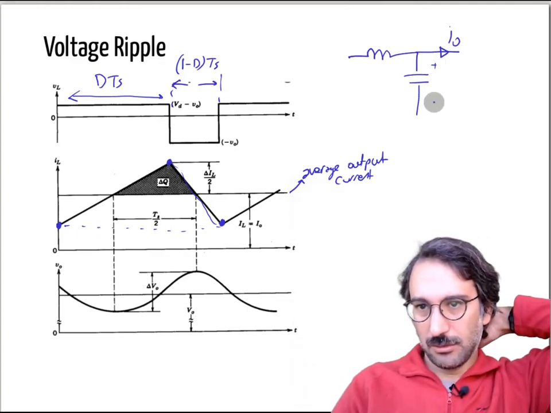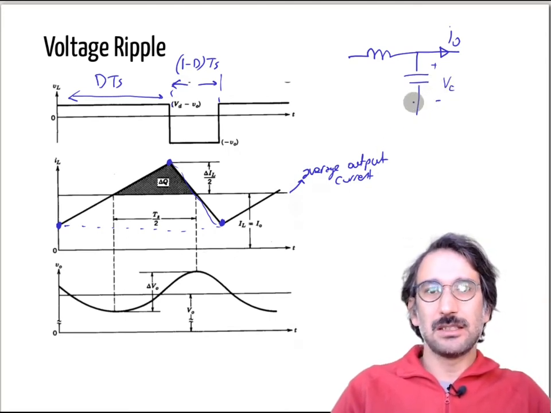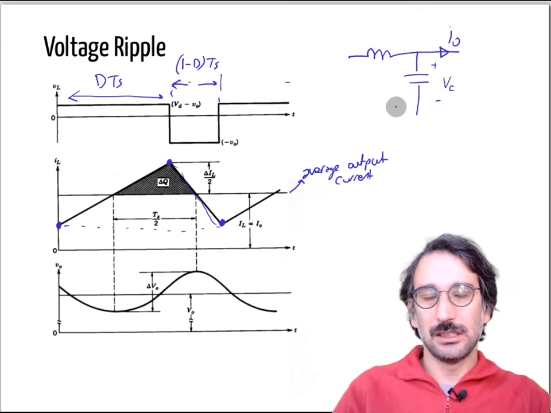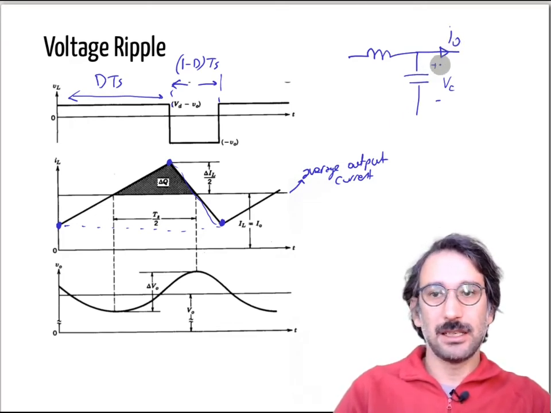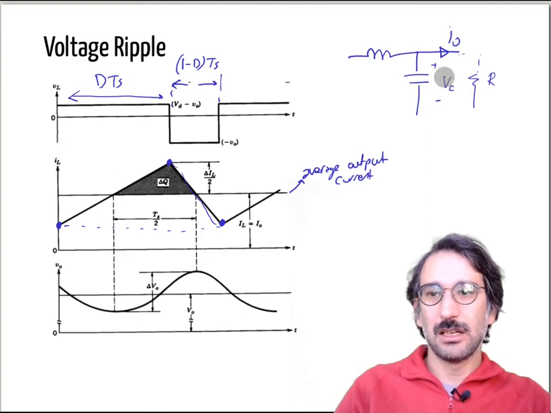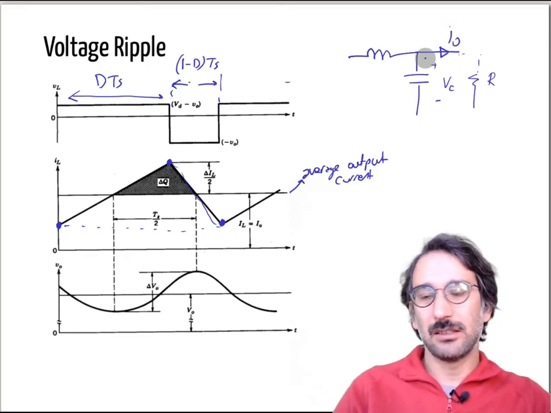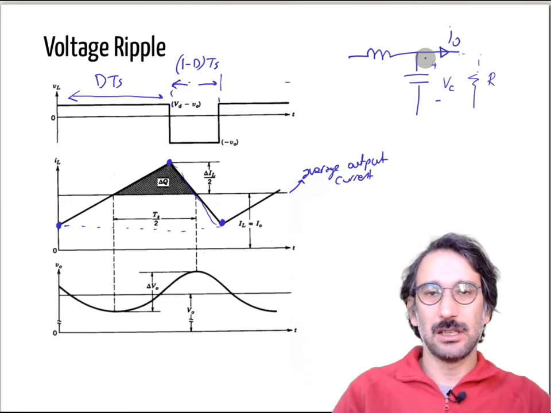Normally we are trying to find the ripple in that capacitor voltage, but this is just a few percent of the capacitor voltage, so it will not be dramatic in a properly designed converter. For current, you can suggest that if there's a resistive load and some ripple here, that ripple will directly reflect in the output current, but we ignore that secondary effect, otherwise it will be like a second order differential equation.